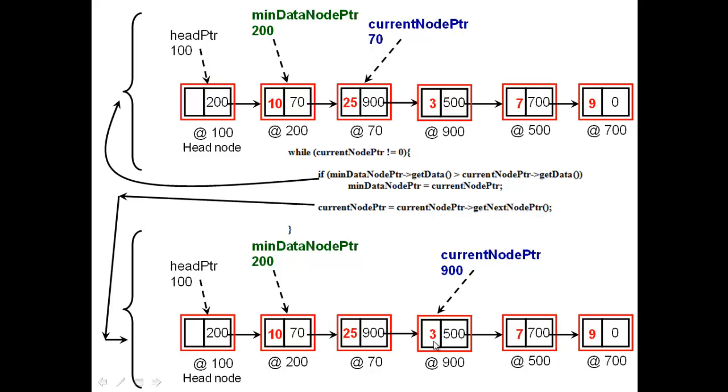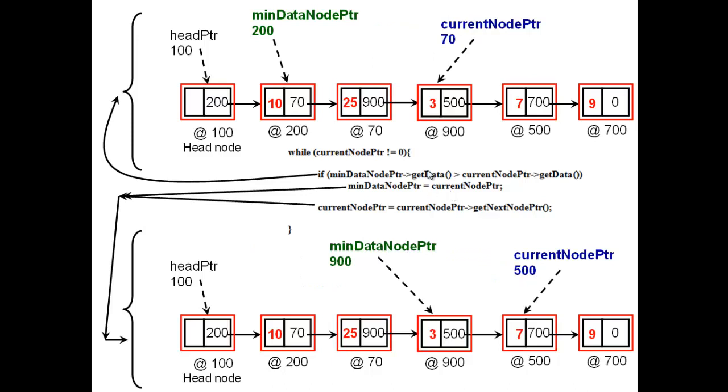Yes. So what we need to do is make this min data node pointer now store the address of this node. And we have a handle to this node using current node pointer. So you can simply say: if the data at the node pointed by the min data node pointer is greater than the data at the node pointed by the current node pointer, like in this case 10 greater than 3, then min data node pointer can be set to the value of current node pointer.